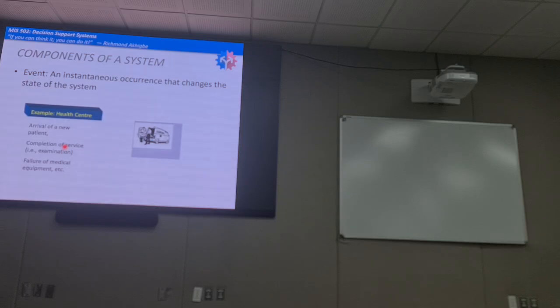When a new customer arrives, the number of customers changes in the system. When a customer leaves, or when I move from one service to another service, that's a change in state. You understand that? That's why we need state, because state will tell whether there's a change in the system.